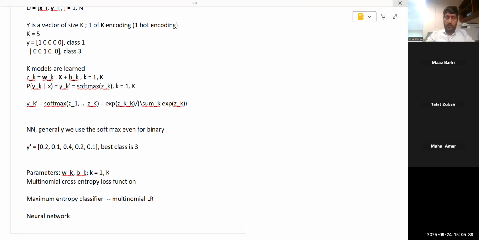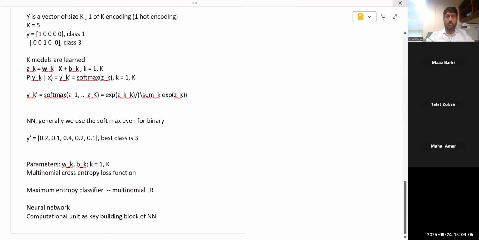Of course, neural networks were initially inspired by human neurons and their interactions. But nowadays, we focus simply on a computational unit as the key building block of NN. And that computational unit is simply your logistic regression.